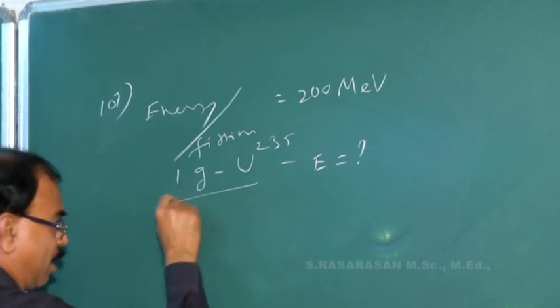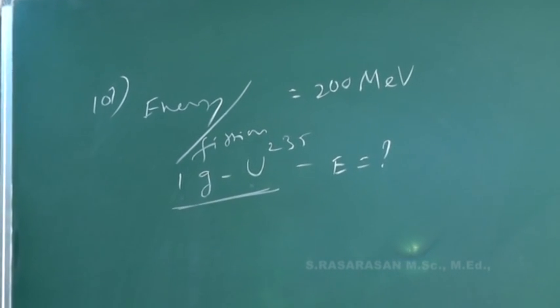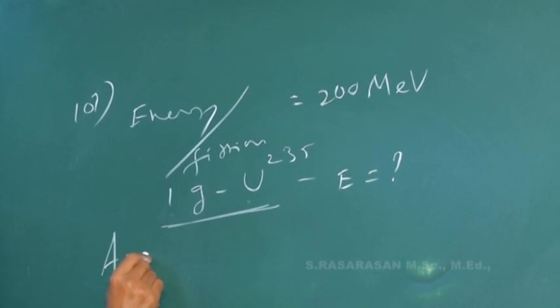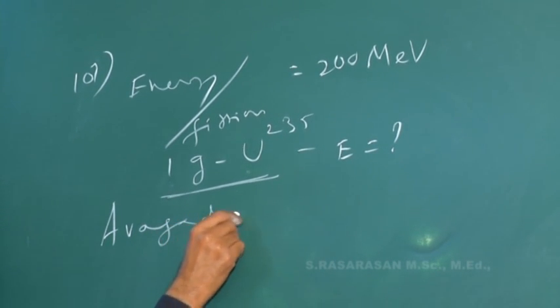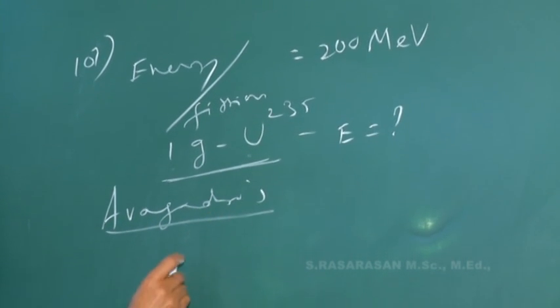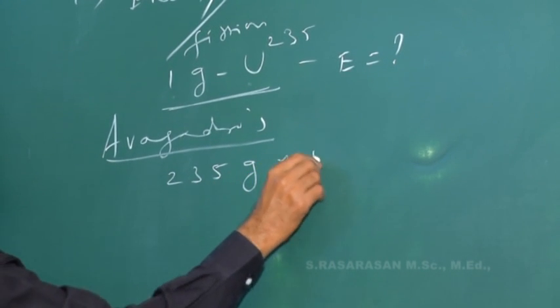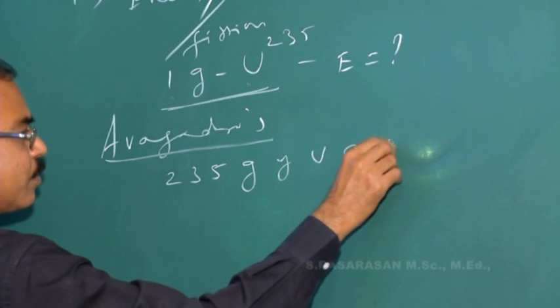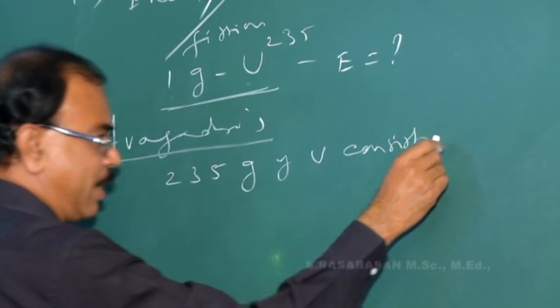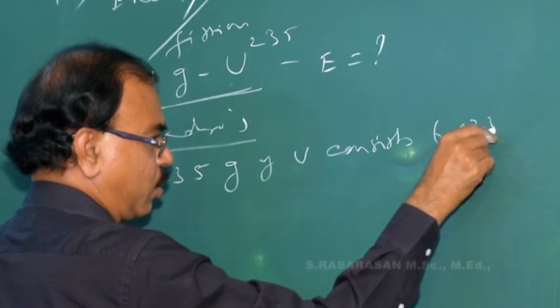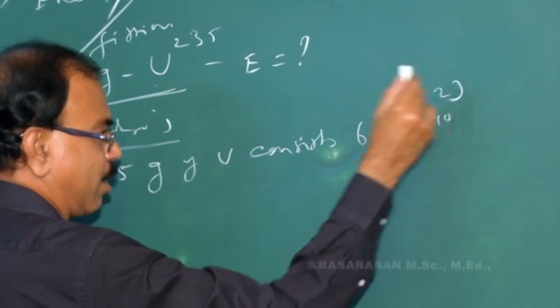First we must know the number of atoms available in the uranium 235. As per Avogadro's hypothesis, 235 gram of uranium consists of how many atoms? 6.023 into 10 to the power 23 atoms.